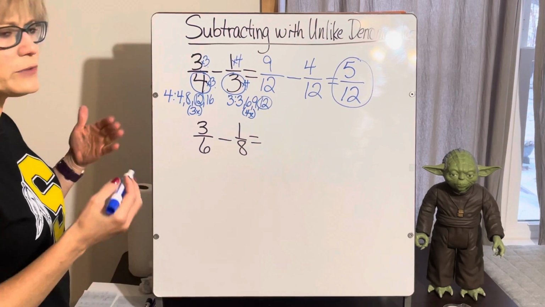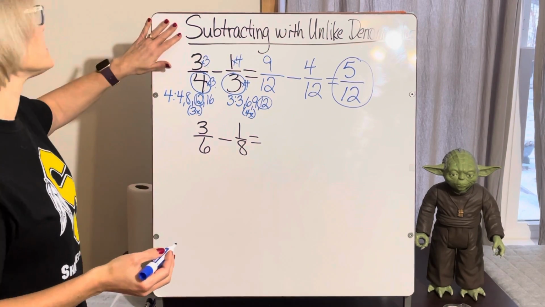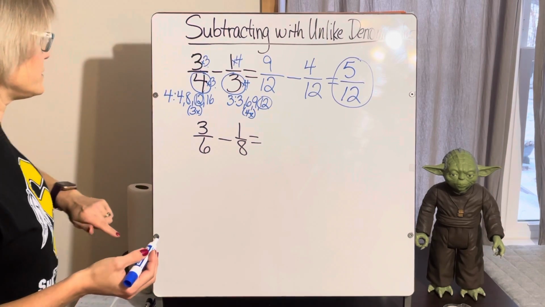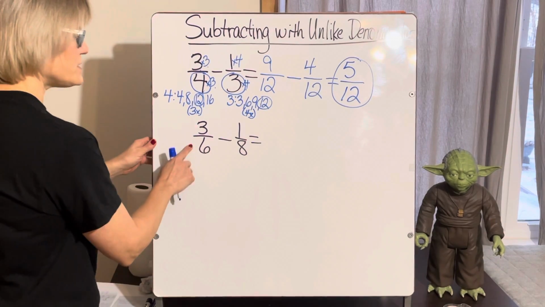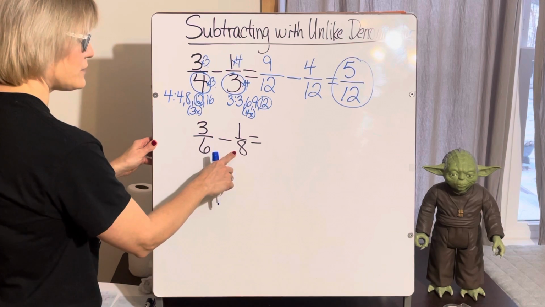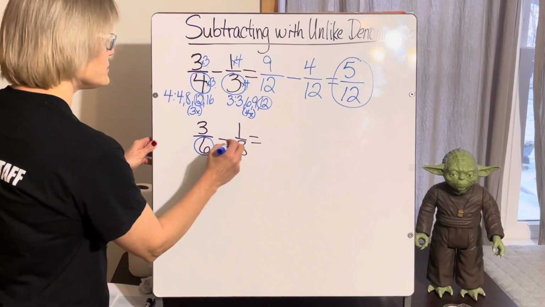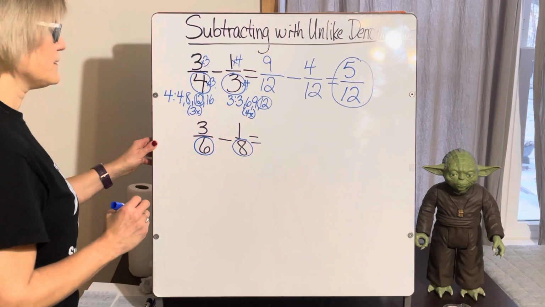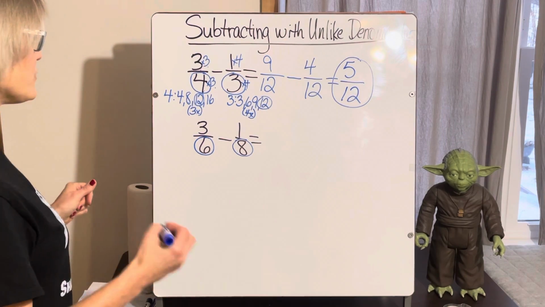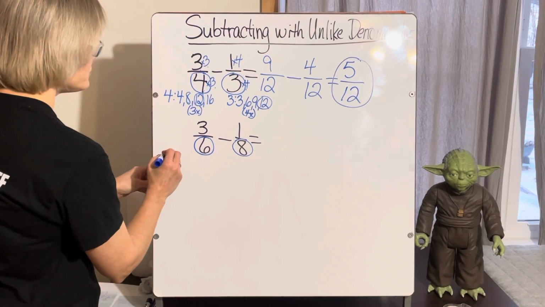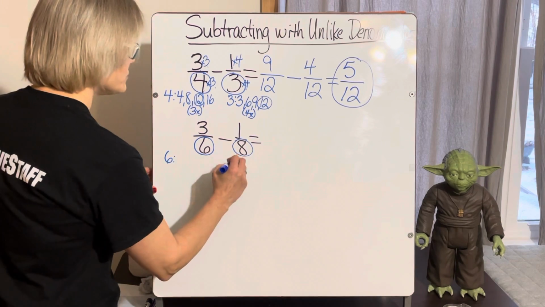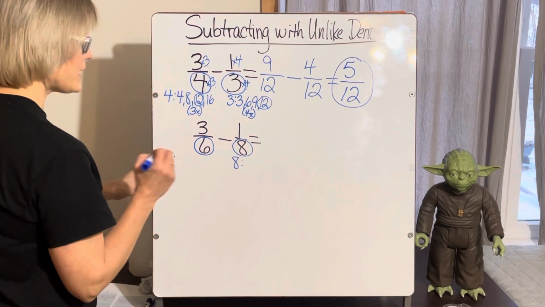So very similar steps to the adding, except the operation is different. Okay, so we've got 3/6 minus 1/8. Again, identify those denominators. Now I have to create my equivalent fractions. In order to do that, I need to do a set of multiples or a count by.